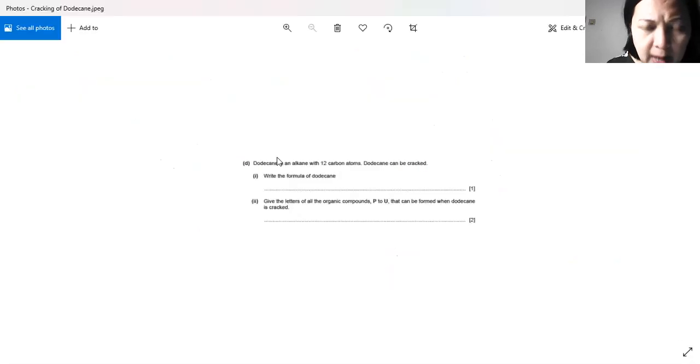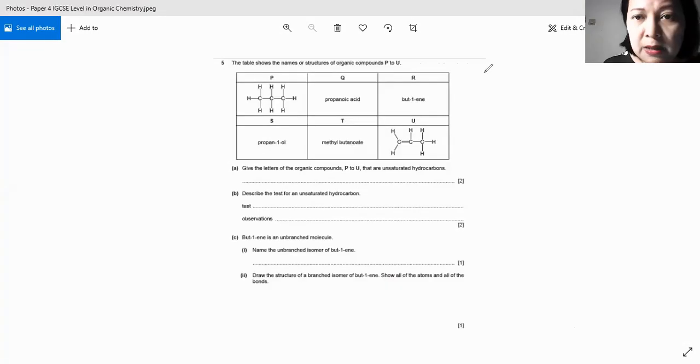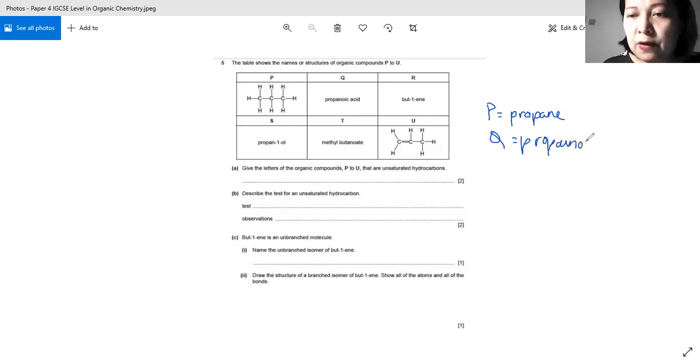Now here, write the formula of Dodecane. We can do that, but then here P is propane. Q is propanoic acid. R is butene. Now in this case, we haven't got any clue of the structure, but of course we can always study in other videos later.